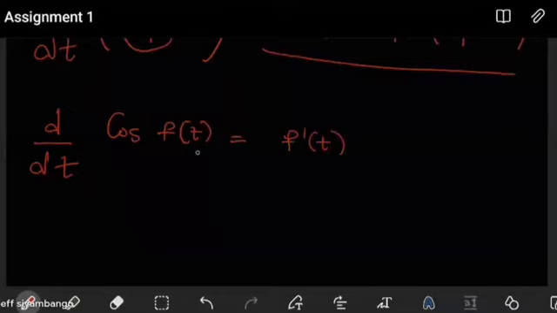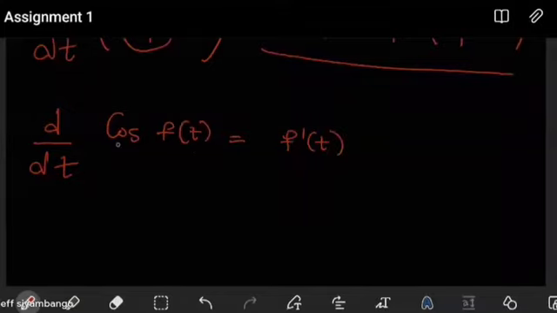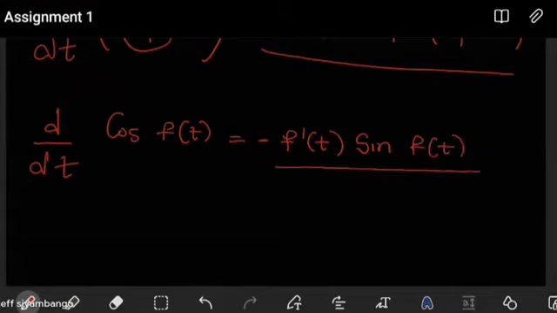After differentiating the argument, now differentiate the cosine. The derivative of the cosine is negative sine. So I'll say sine here. The negative, I'll put it at the beginning. And then the argument remains the same, so f of t. So this is the derivative of cos f of t.